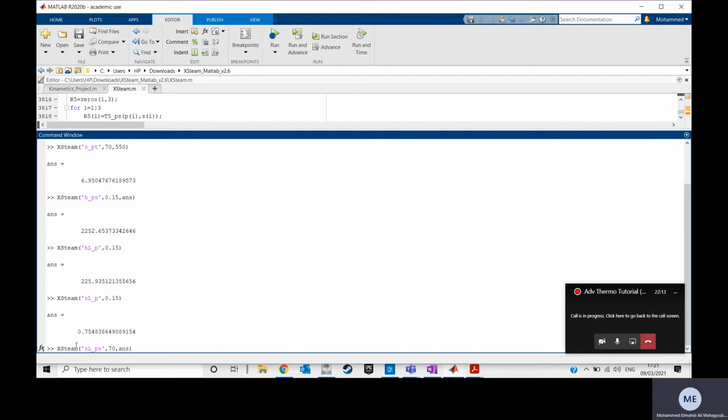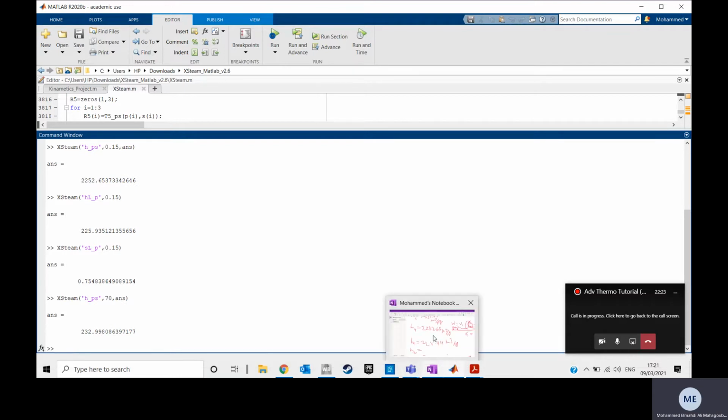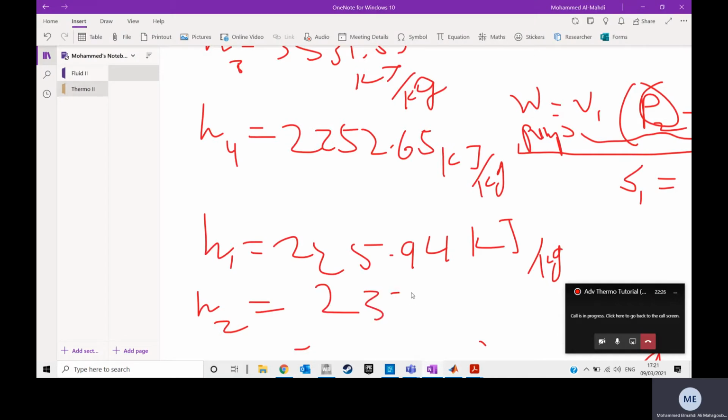Then delete this. I want the H. Hit enter, and I have 232.99, which is 233 kilojoules per kilogram.